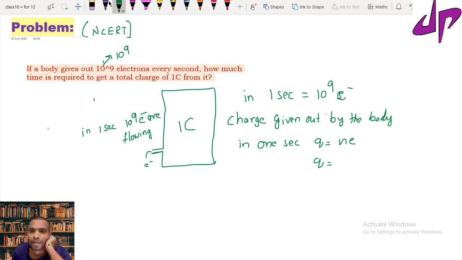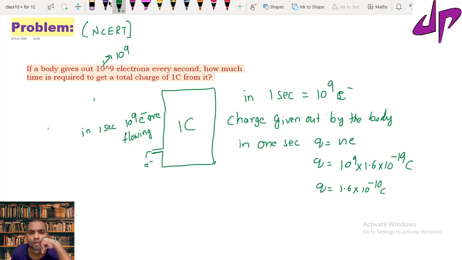In 1 second, there are 10 power 9 electrons, times the charge of an electron, 1.6 times 10 power minus 19 coulomb. So the amount of charge is 1.6 times 10 power minus 10 coulomb. It means in 1 second this much charge is leaving.